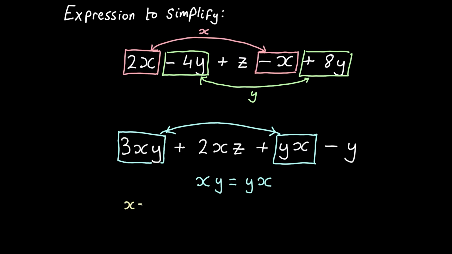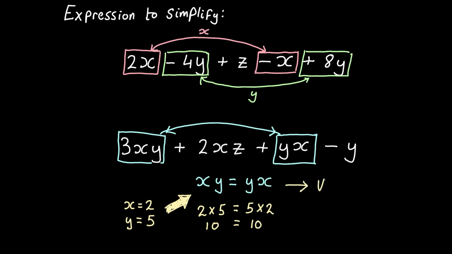So here, let's say x equals 2 and y equals 5. If we plug these numbers into the variables above, we have 2 times 5 on one side of the equation and 5 times 2 on the other side of the equation. They both equal 10. So it doesn't matter which way around you have the variables. And that's why the 3xy and the plus yx are like terms.